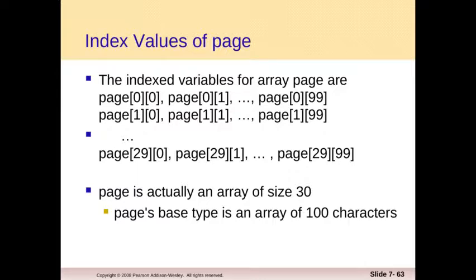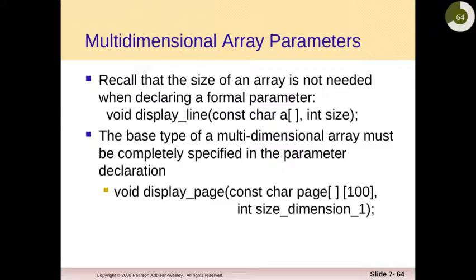Makes sense. When we pass a one-dimensional array to a function, the entire array, we did not have to put the dimension of the array within the square brackets when we passed the array. Why was that?